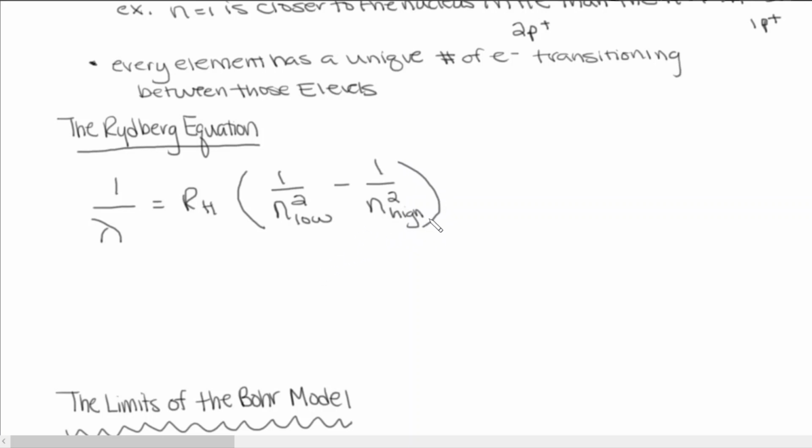So if we know what energy levels the electron transitioned between, we can calculate the wavelength of light that we should be able to see.